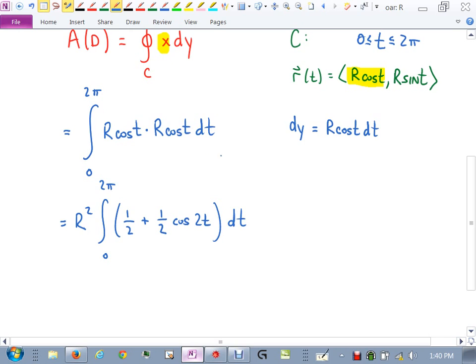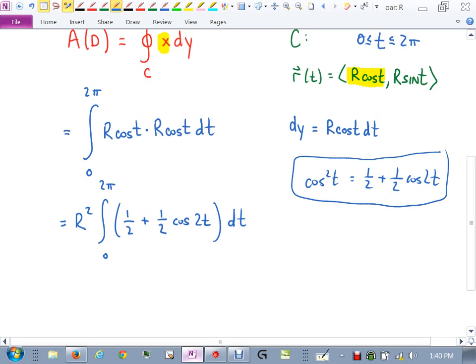So all we did there was use that cosine squared t is equal to 1/2 plus 1/2 cosine 2t. That's your power reducing formula or double angle. There's different ways of looking at this. I've seen it called different things. I've always called it the power reducing formula because it reduces the power on cosine.